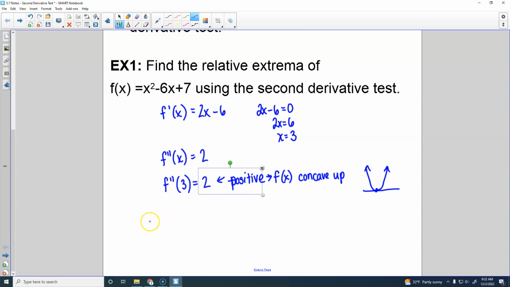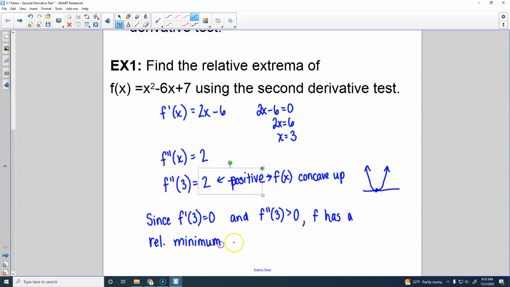So we would say since f prime of 3 equals 0 and f double prime of 3 is greater than 0, f has a relative minimum at x equals 3.